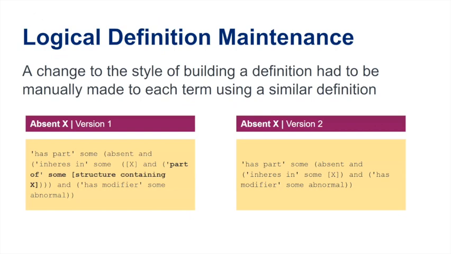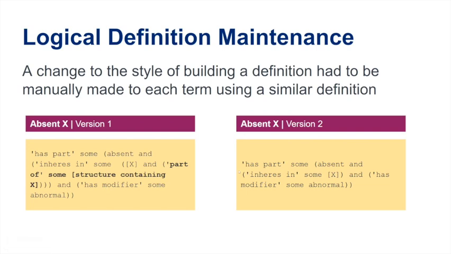And to give you a couple examples of maintenance issues, as we have iterated on the development of these logical definitions, at one point we felt that it was important to say, all right, if X is not present, like if you have no kidney, you wanted to say, well, I'm absent kidney, and that inheres in some multicellular organism.